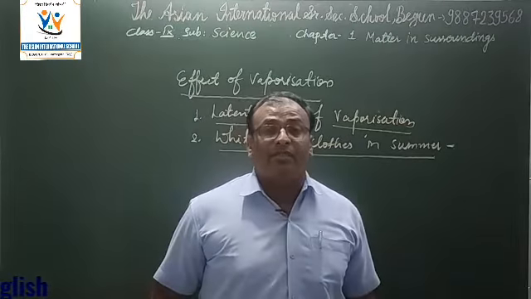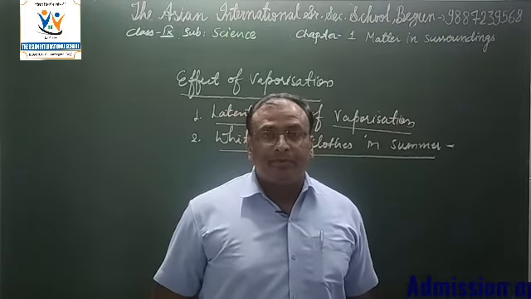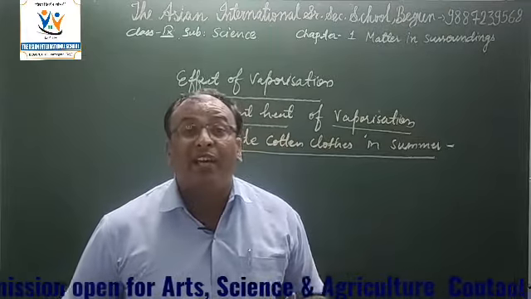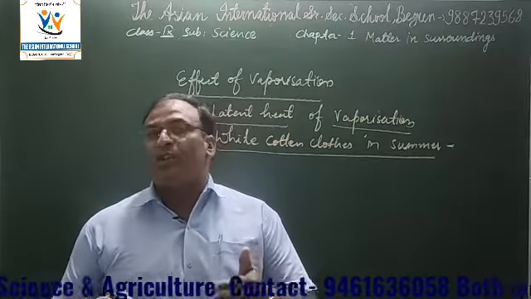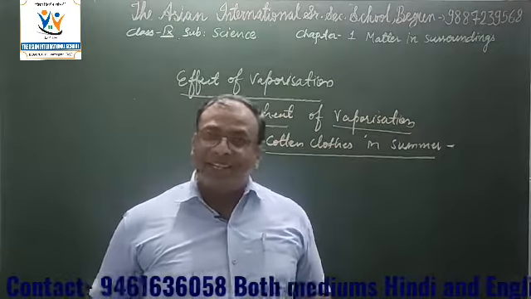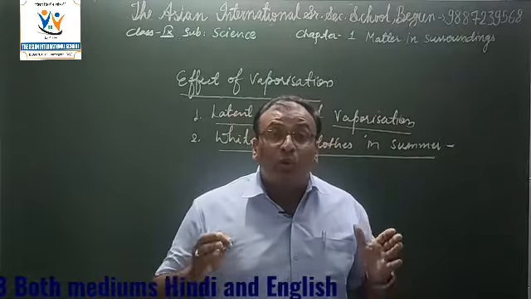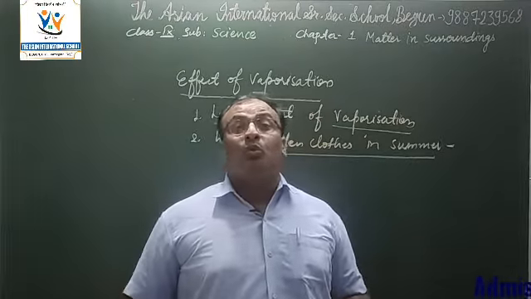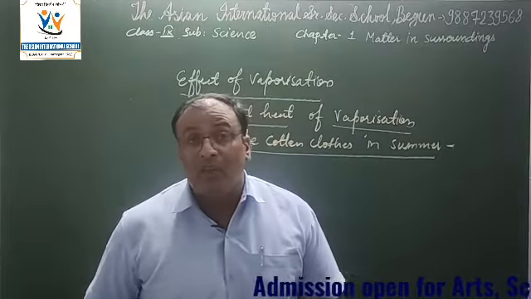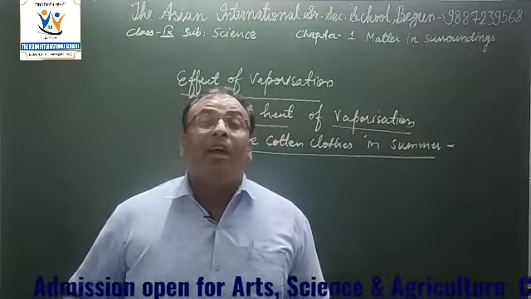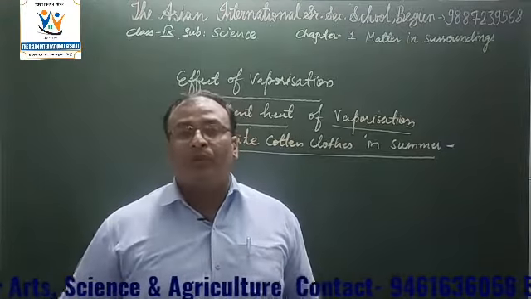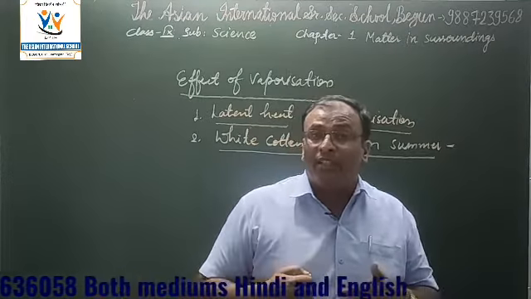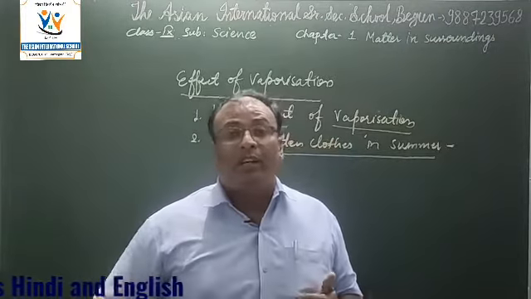A lot of sweat is to be removed from our head, from our body, right? So what happens at that time when we wear white cotton clothes? Cotton has a higher absorption capacity for liquids, right? So when the cotton clothes become wet due to sweat and we move from one place to another, we observe that a little air is blown near us, that takes the water and changes it into water vapor.